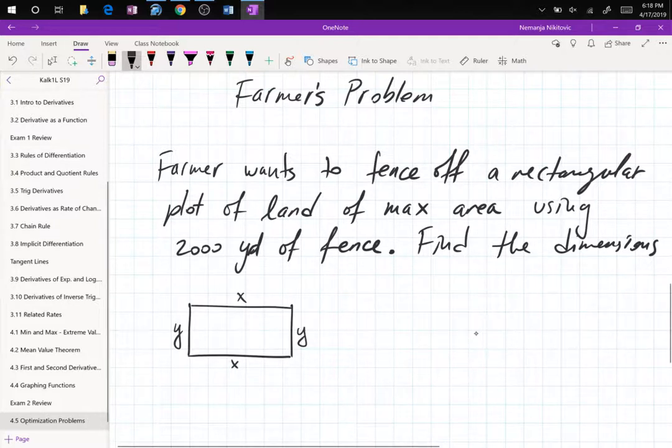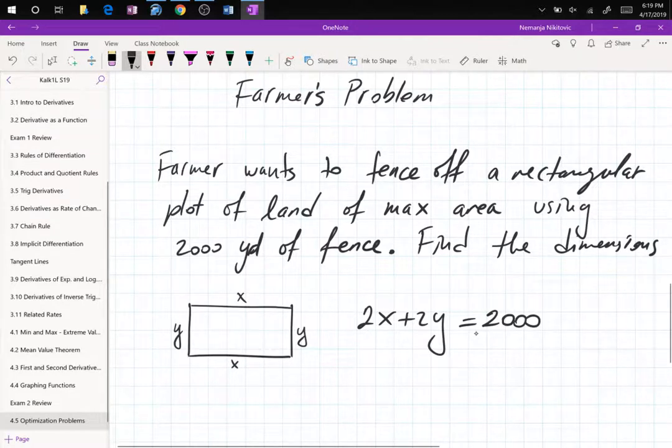So, perimeter fence. So we have a perimeter equation, which is 2x plus 2y for the rectangle, is equal to 2,000 yard, and that's your constraint. Why is a constraint? Because all you have is 2,000 yard of fence, right? So it's a constraint. Then we have the maximum area.